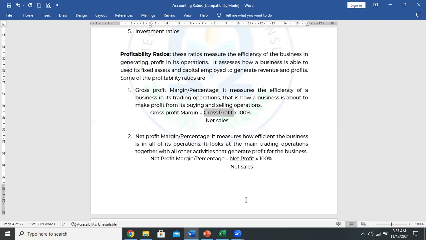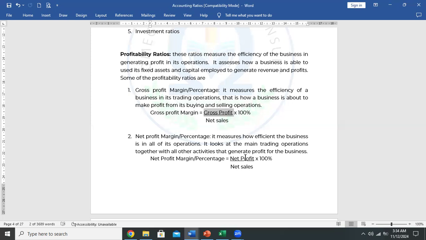It looks at the main trading operations together with other activities that generate profit for the business. We can link this to the profit and loss account, where we determine the net profit. In the profit and loss account, it is your gross profit, that is the profit you made from your trading activities.